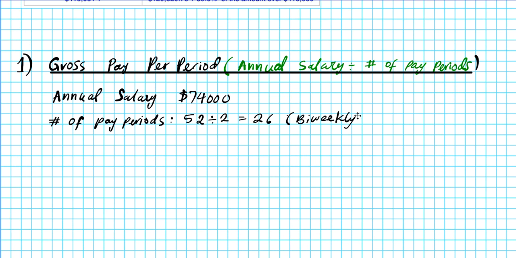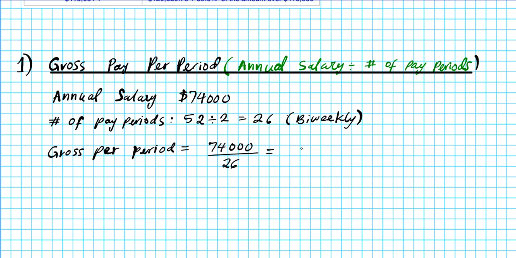Alright, now we know the number of pay periods that she has in her annual earnings. Her gross pay per period will simply be the quotient of the annual salary of 74,000 divided by the number of pay periods in a year, which is 26, because she's paid bi-weekly.